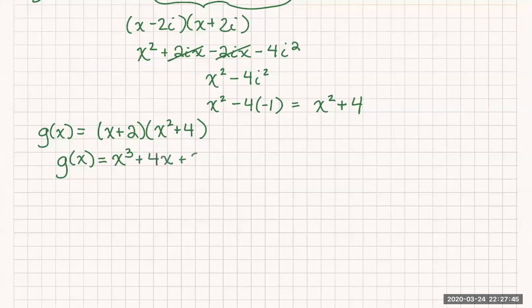Inside is 2 times x squared, which is 2x squared. And last is 2 times 4, which is 8. Now, for completeness' sake, write them in descending order of power. There we go. Okay.